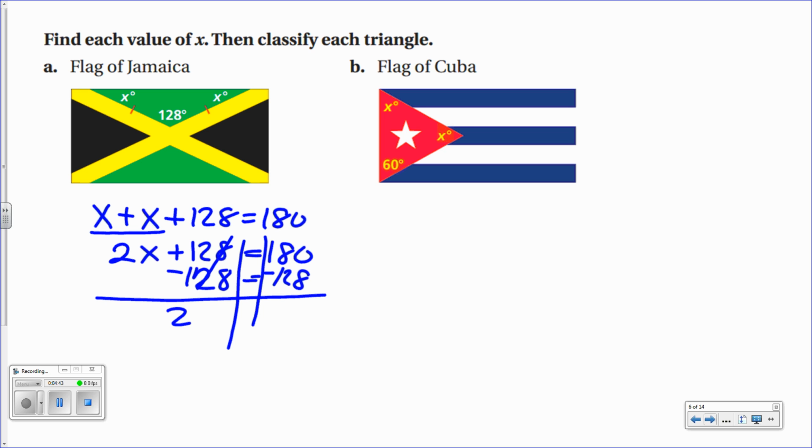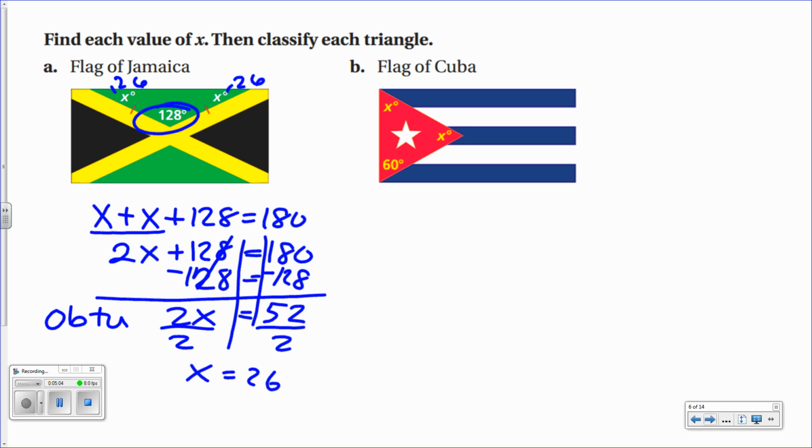So that's gone, but now I have 2x is equal to my 52. So now I've got to divide by 2 to get x alone, and x is 26. So each of these are 26 degrees. So looking at that, I've got an angle that's larger than 90, so this is an obtuse triangle. And you've got two sides that are the same, so that is isosceles.